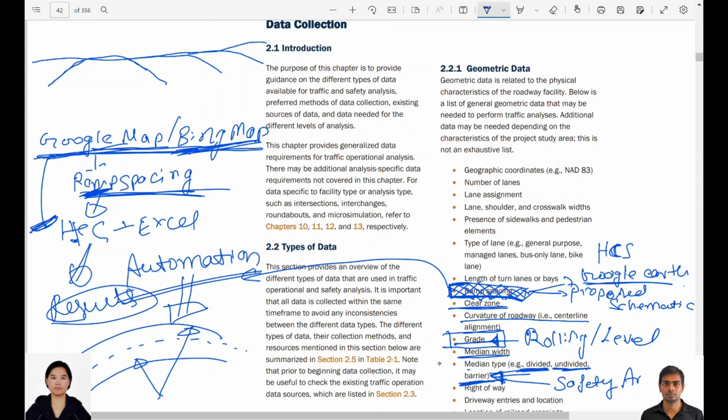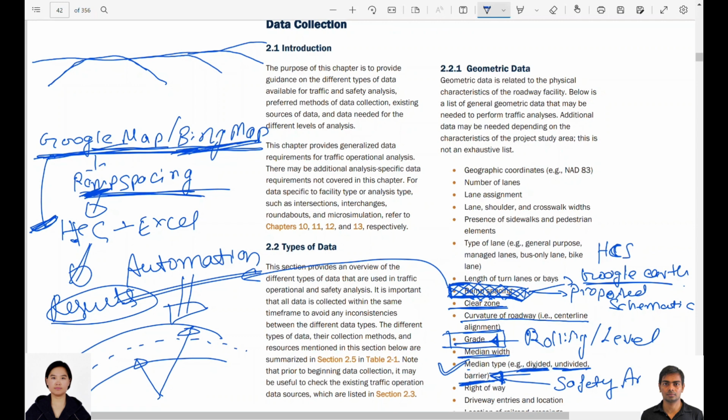So it's an important parameter to have, because if a vehicle is divided by, let's say, a concrete block, and a vehicle hits the concrete block head on, then the crash may be severe.